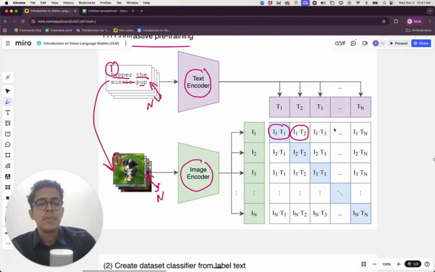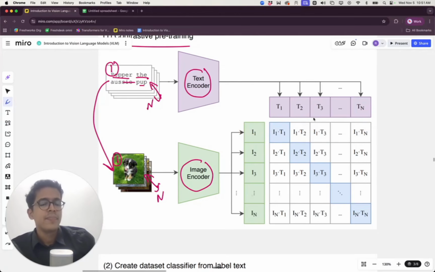I1 dot T2 should be as close to 0 as possible. I1 dot T3 should be as close to 0 as possible because T2 is the caption for the second image, T3 is the caption for the third image, Tn is the caption for the nth image, and they are different images. Those captions do not really represent what is present in image number 1, which means I1.T2, I1.T3, I1.Tn, all of them should ideally be 0 or close to 0.